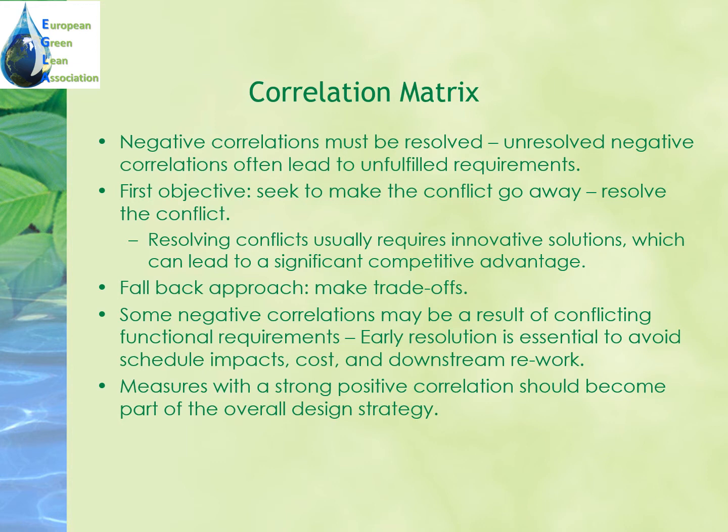Some negative correlations may be a result of conflicting functional requirements. Early resolution is essential to avoid schedule impacts, cost, or downstream rework. Some typical examples are purchasing and operations.